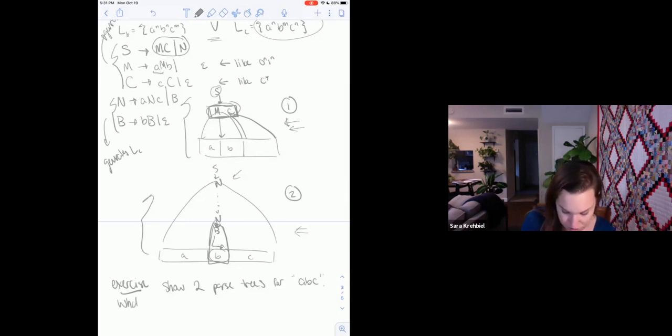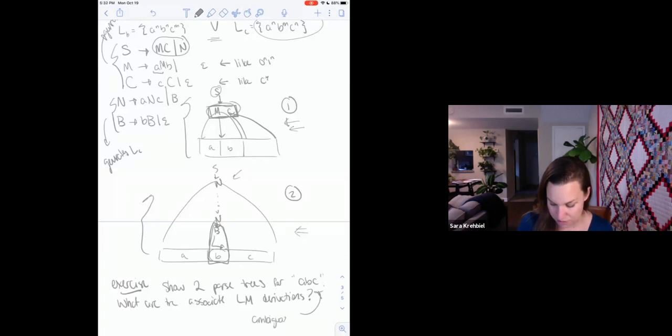And then, what are the associated leftmost derivations? They're going to be different because the parse tree will be different. That shows that this language is ambiguously generated by this, which is an ambiguous grammar. We're not going to show that it's an inherently ambiguous language because that's hard.